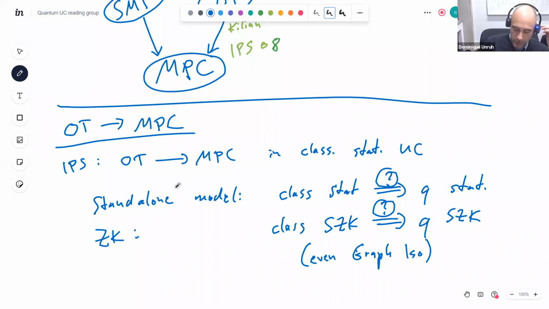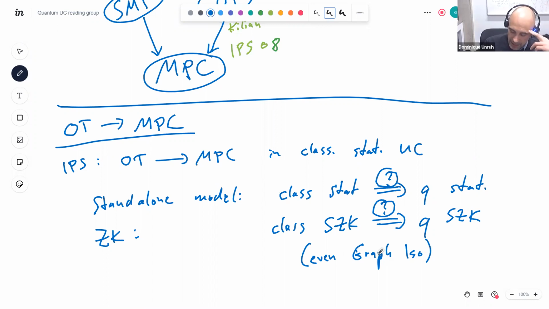And I'm talking about a classical protocol because it doesn't even make sense to talk about classical security of a quantum protocol. So if we have a completely classical protocol, we could ask, is it still secure in the quantum setting? Can quantum adversaries do something bad to an already statistically secure protocol? Okay.